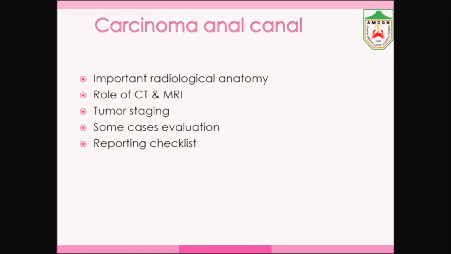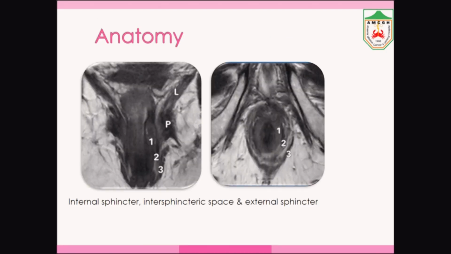For carcinoma of the anal canal, the anatomy is a little bit complicated over here. One is the internal sphincter, two is the intersphincter space, and three is the external sphincter. The intersphincter space is the continuation of rectal musculature from above.